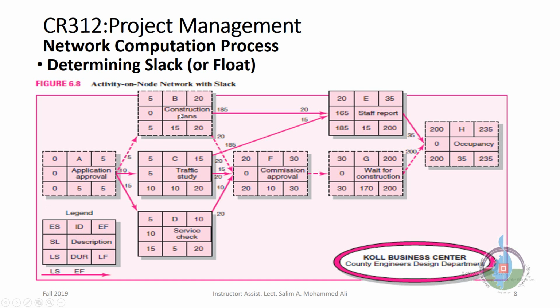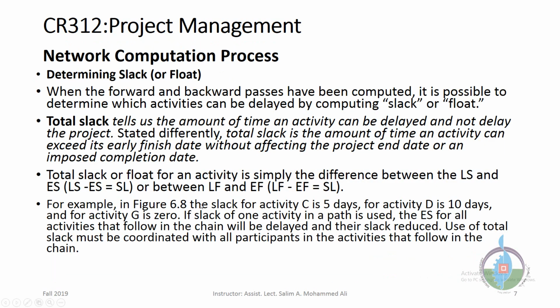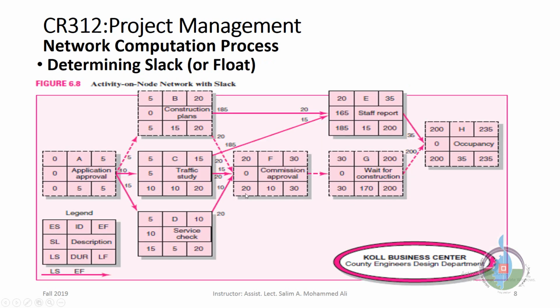For activity B, the same thing. But you can compute the slack from EF and LF: 5 minus 5 will be 0. We say that we subtract LF by EF; if you subtract in the opposite direction, you will have a negative value. Just remove the negative sign, and you will have the slack as well.